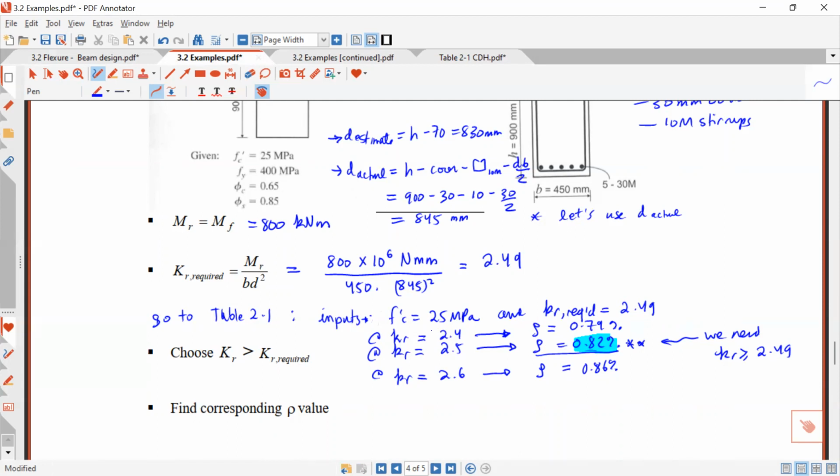So let's use KR equals 2.5, and that gives me a rho of 0.82%.